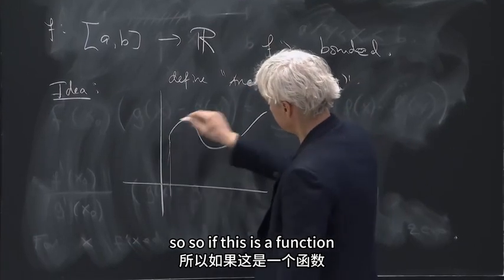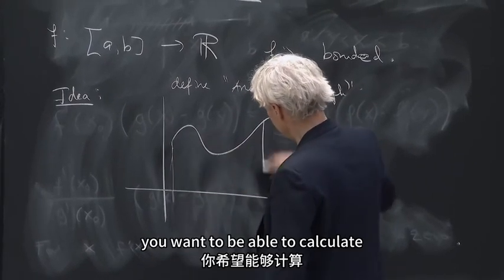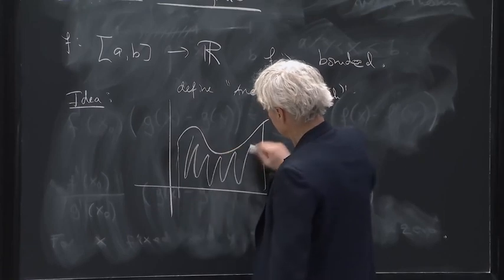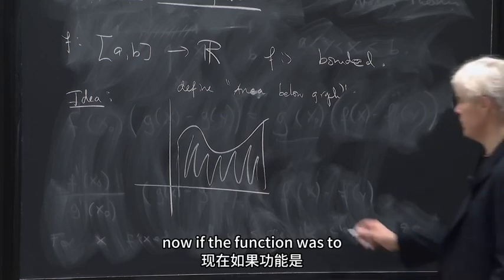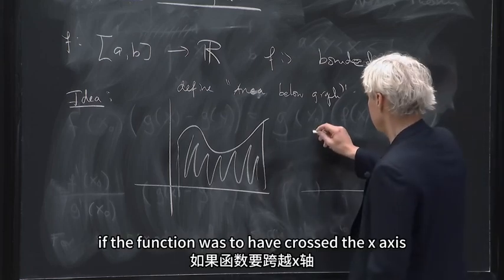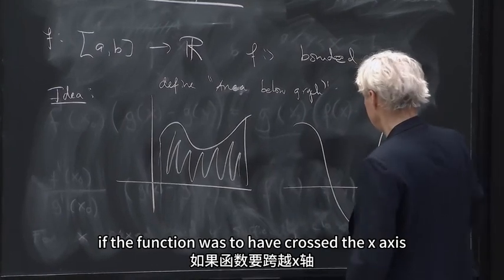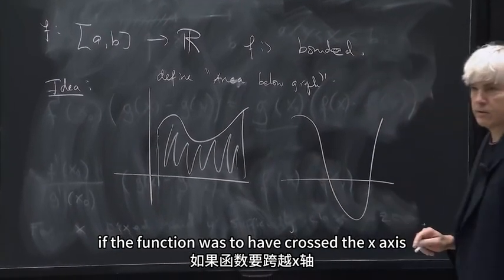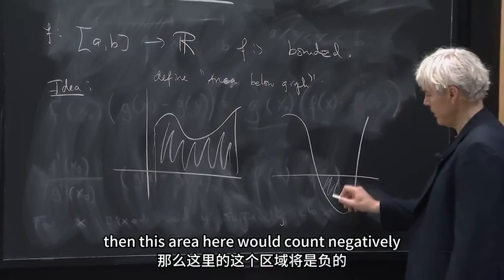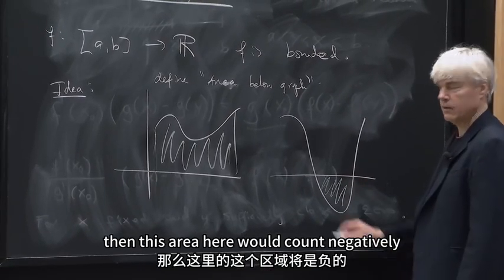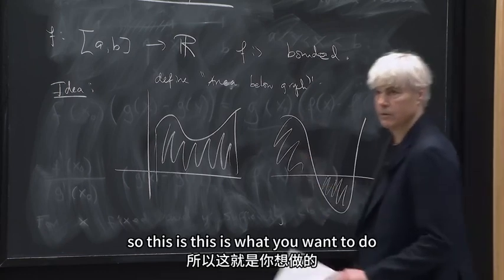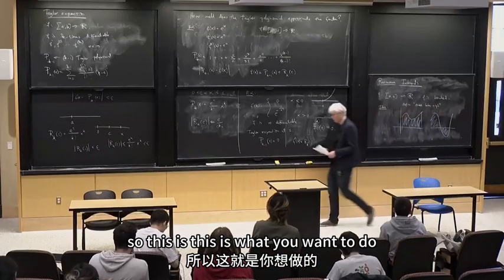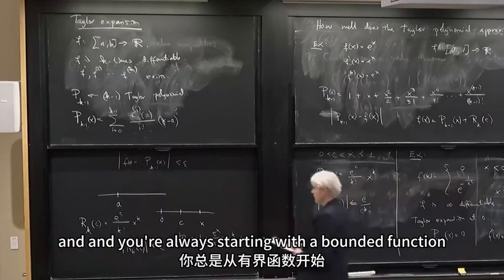So if this is a function, you want to be able to calculate what this area is. Now, if the function were to cross the x-axis, then this area here would count negatively, and this area here would count positively. Anyway, this is what you want to do, and you're always starting with a bounded function.